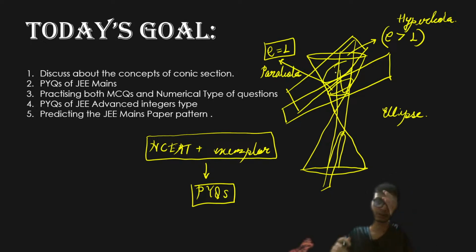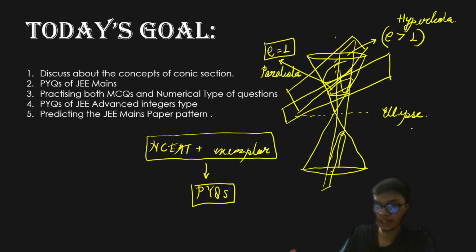Please pardon me for this part, but I hope you understand what I'm trying to say. When you cut the cone with a plane whose axis is parallel to the cone's axis, let us call this the axis of the cone, and you shift it from the midpoint, then you obtain a hyperbola, right? That's how you obtain it.